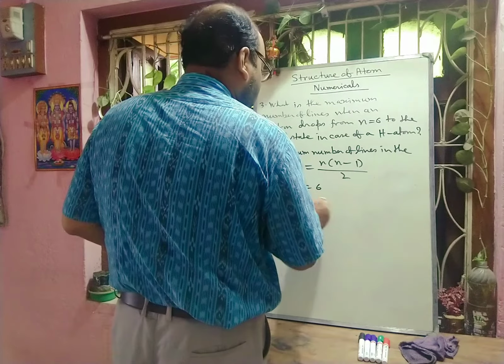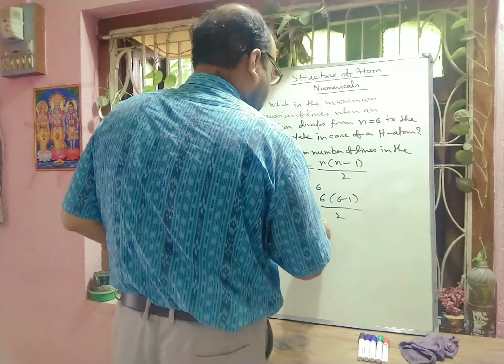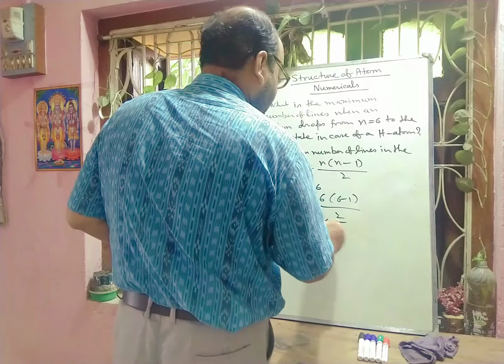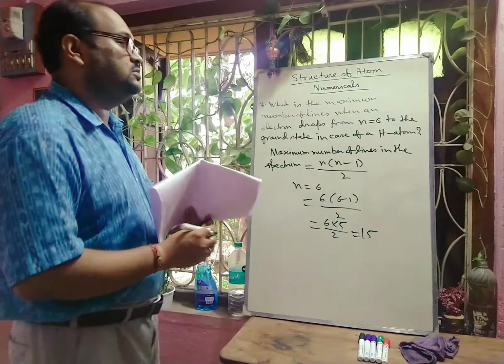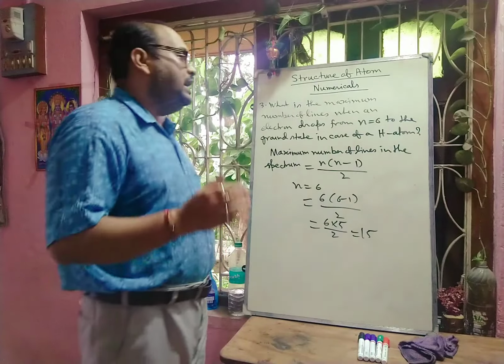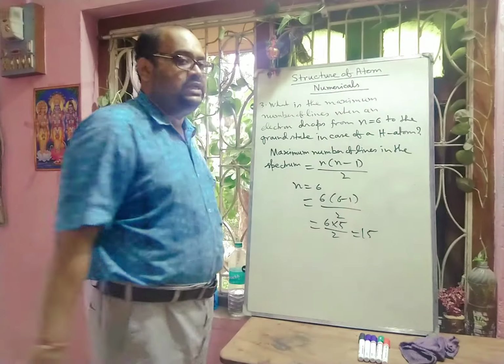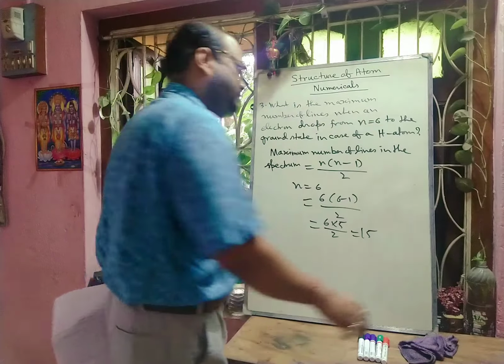Now if you put n is equal to 6 here, 6 into 5 divided by 2, that is 15. So your answer will be 15. So the maximum number of lines when an electron drops from n is equal to 6 to the ground state will be 15.